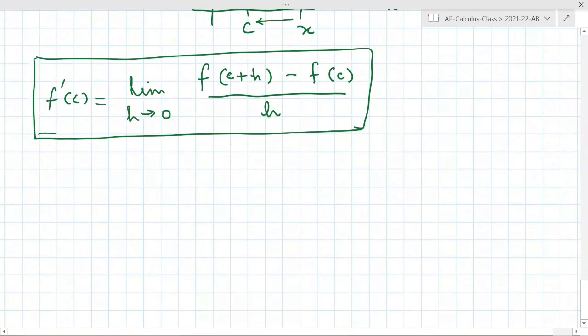So in general, this is written as f prime of x, the first derivative of f of x at any x. This is at a particular value c, right? Or also written as d over dx of f of x. This means d over dx means differentiate with respect to x.